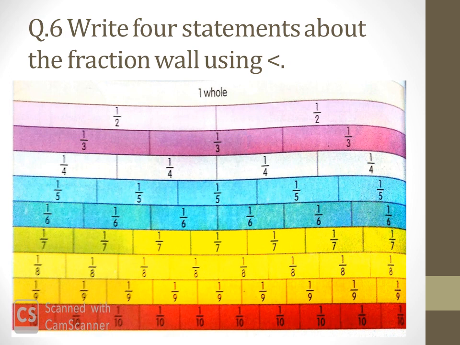You have to check which fraction is greater than another one and which fraction is less than another one. We discussed all these things, but you have to solve it now. As you can see, 1/2 has a larger portion than 1/3, and 1/3 has a larger portion than 1/4.